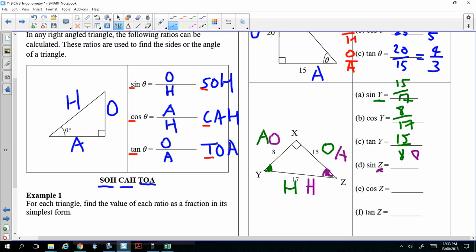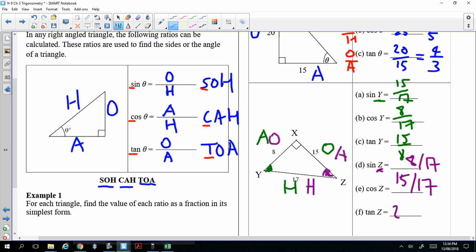Let me write the fraction like this. 8 over 17. Next one, cos z is adjacent over hypotenuse, 15 over 17. And finally, tan z is opposite over adjacent, 8 over 15. Okay, got it?